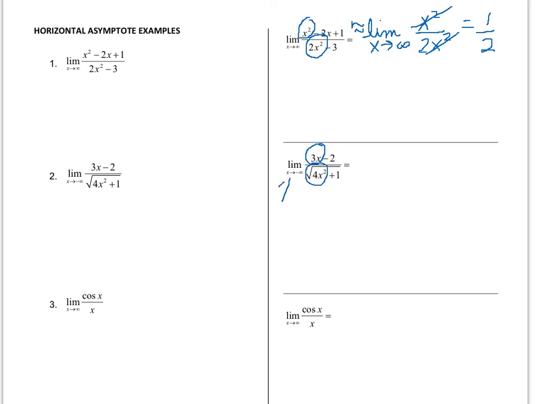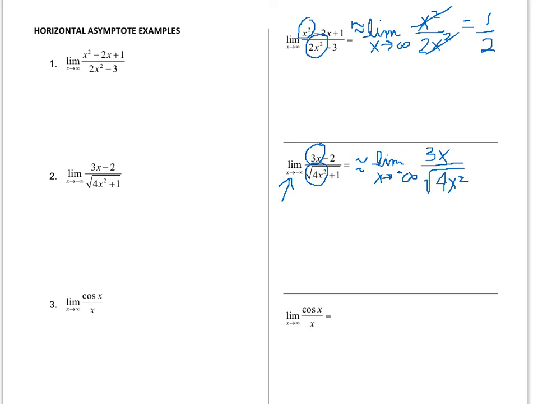I want you to notice that this is x approaching negative infinity, so there might be a negative to contend with. This would be approximately the same as if we were to take the limit as x approaches negative infinity of only the 3x, that dominant term, and the square root of 4x squared.